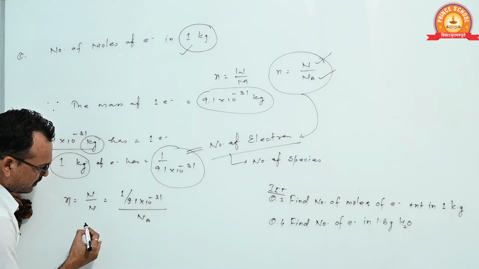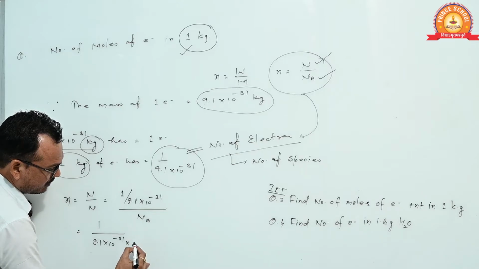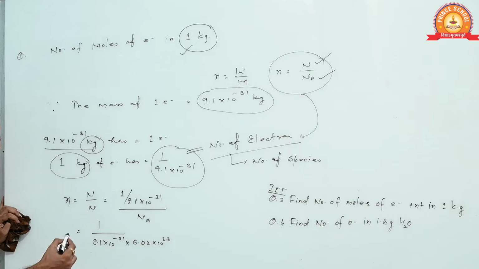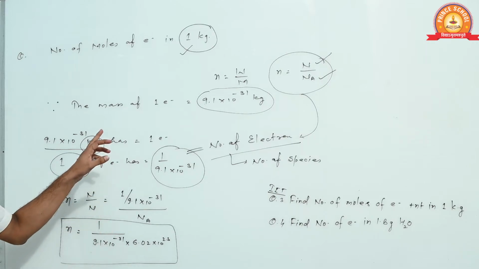Clear? Then to get the result, we get 9.1 into 10 to power minus 31 multiplied with 6.02 into 10 to power 23. In this way, we easily find out the number of moles in 1 kilogram.